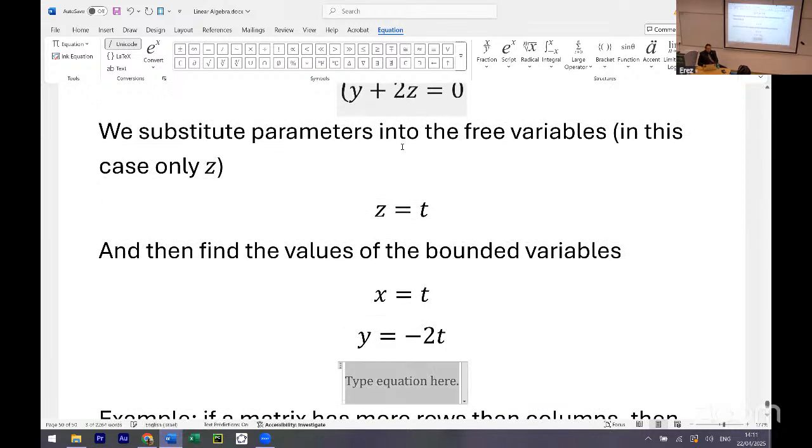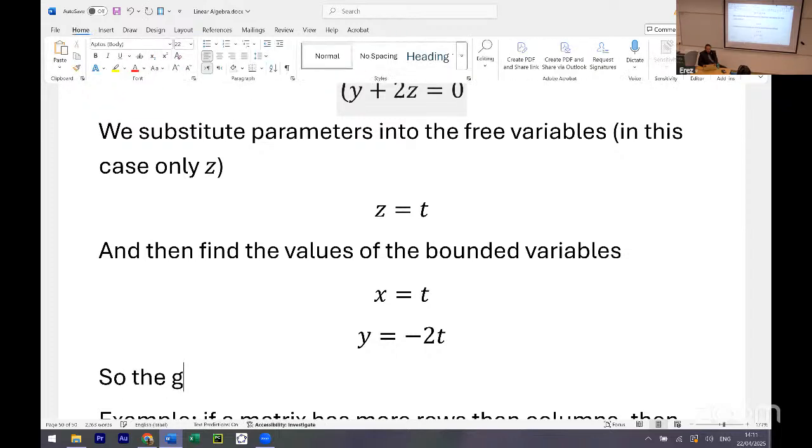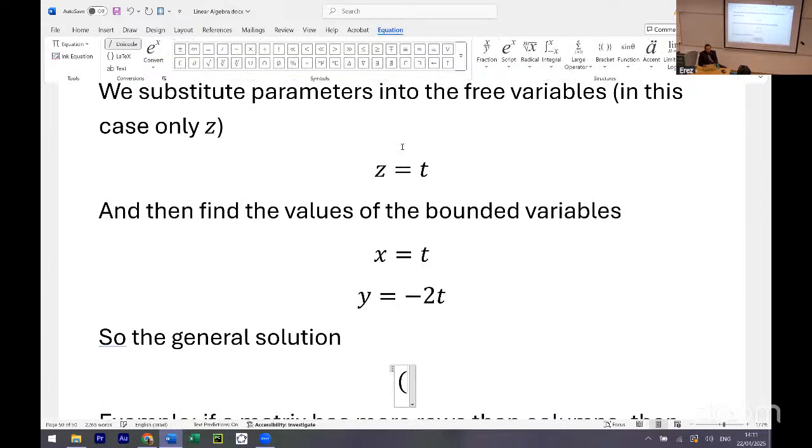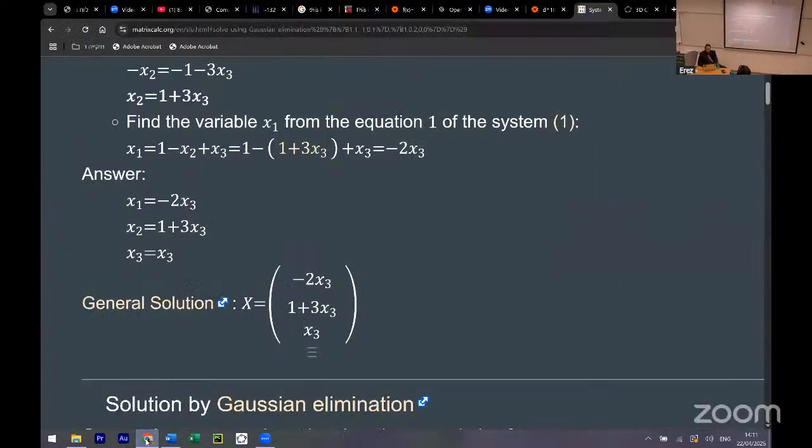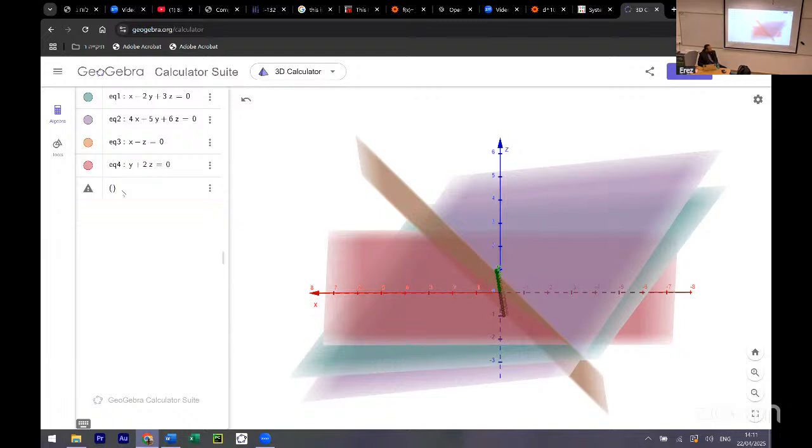And now we can say the general form of the solution is t, minus 2t, t. You can go back to GeoGebra, and I could write it: I take t out as a common factor and I get 1, minus 2, 1, as a vector.